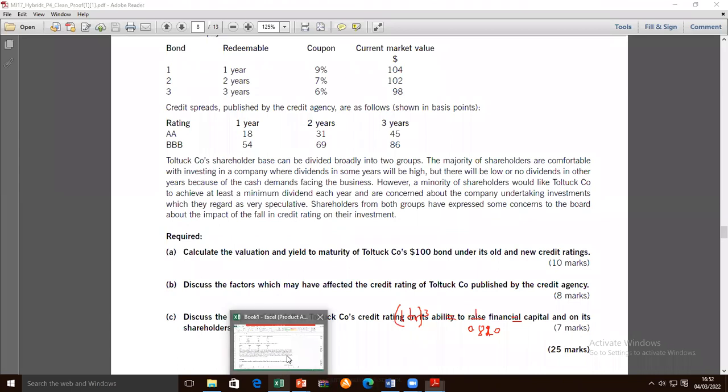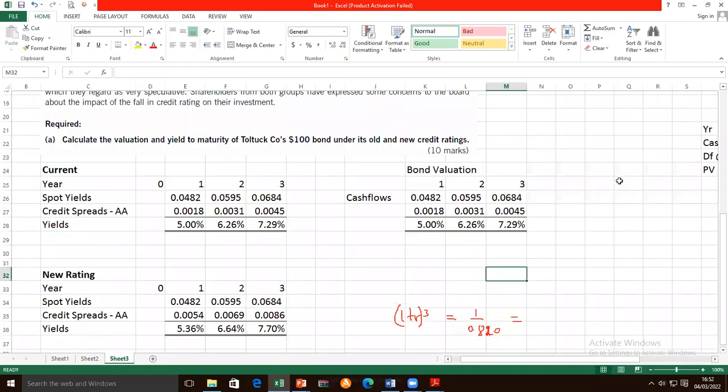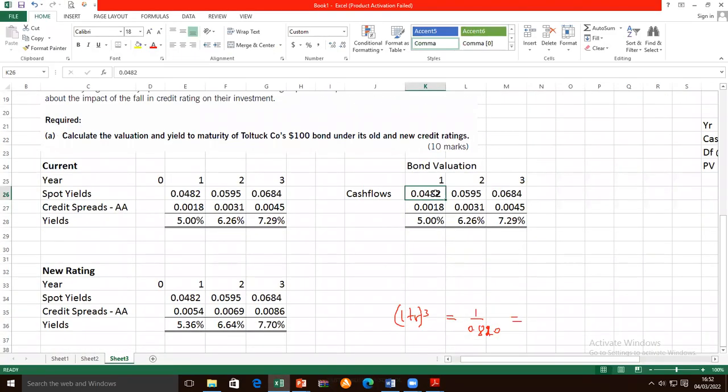Have we all seen that one? So it will be what? 8. In the final year, no, in the final year it's not 8. Can somebody help us with the final year value? 108.